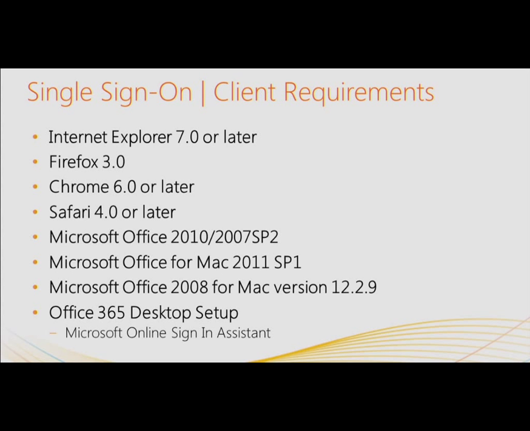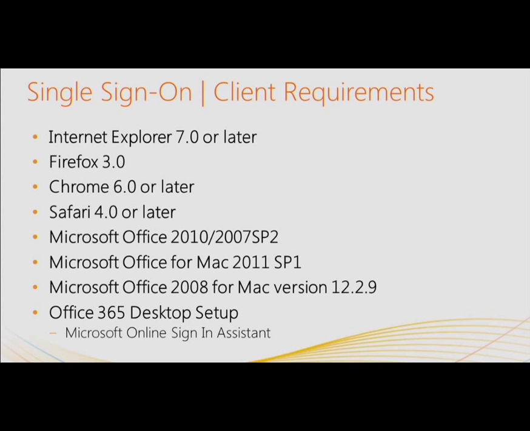If I'm an end user this time and I want to access the Office 365 portal, OWA, SharePoint Online, and so on, I need to use one of these browsers: Internet Explorer 7 or later, Firefox 3 or later, Chrome 6 or later, or Safari. I can also use single sign-on with applications like Microsoft Office 2010, Office 2007 Service Pack 2, Office for Mac 2011, and Microsoft Office 2008 for Mac.